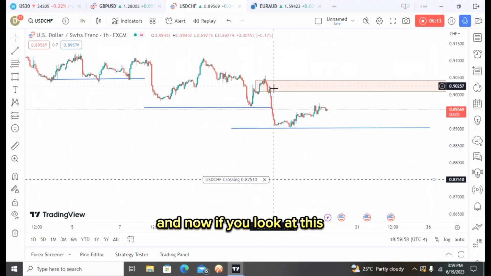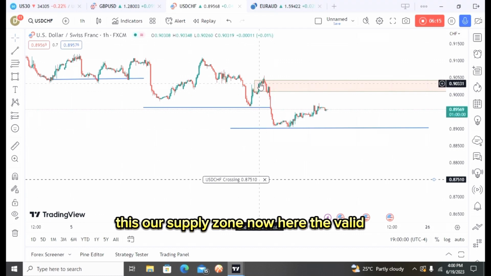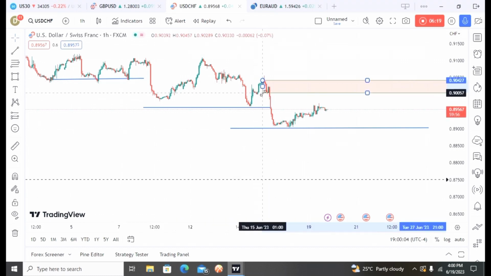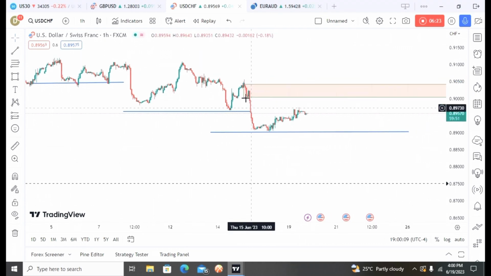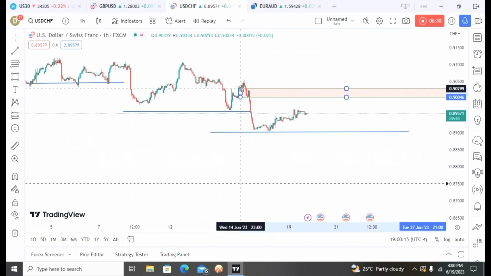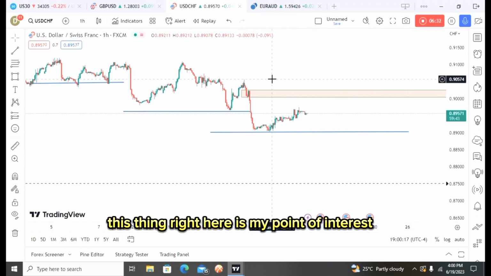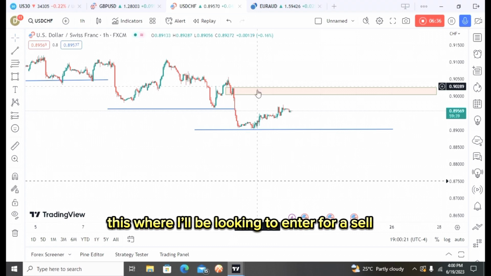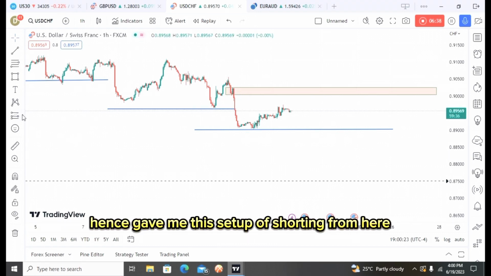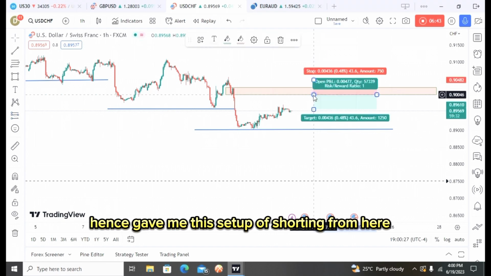Now if you look at our supply zone here, the valid order block I'm seeing here is this area here. This area here is my point of interest. This you are going to enter for yourself. Hence, this gave me this setup of shorting from this level here.